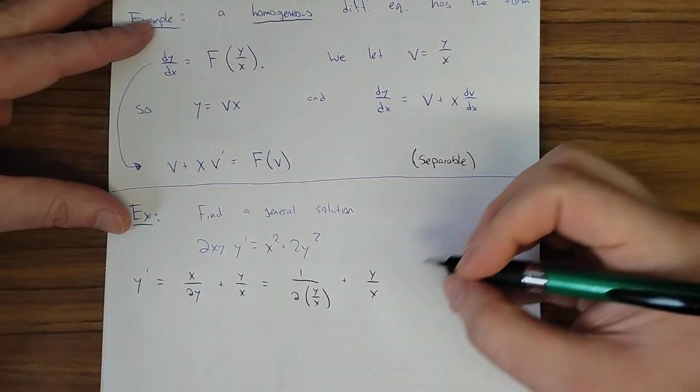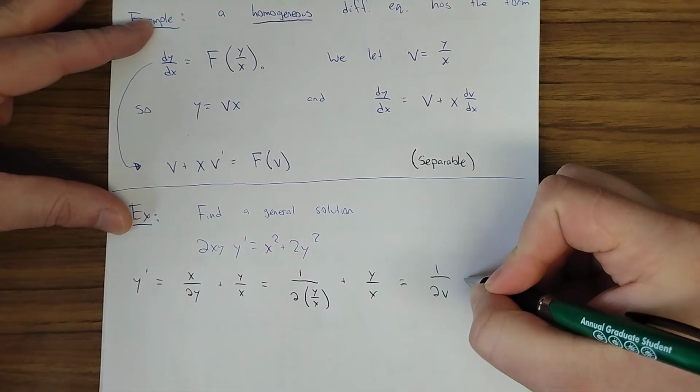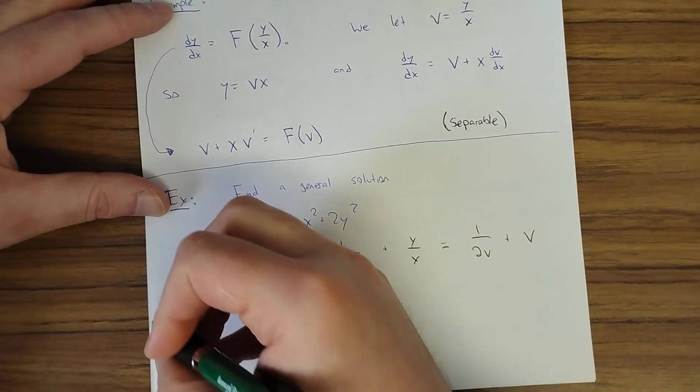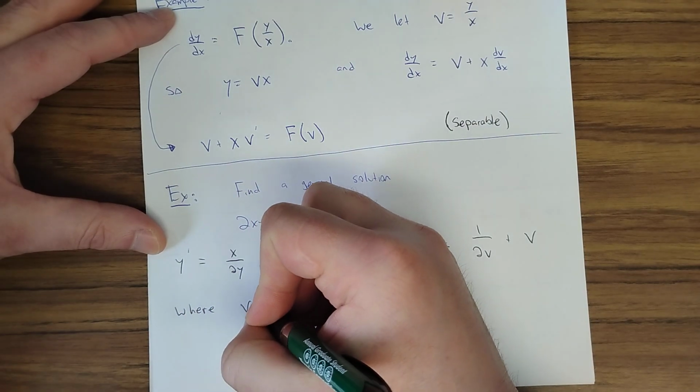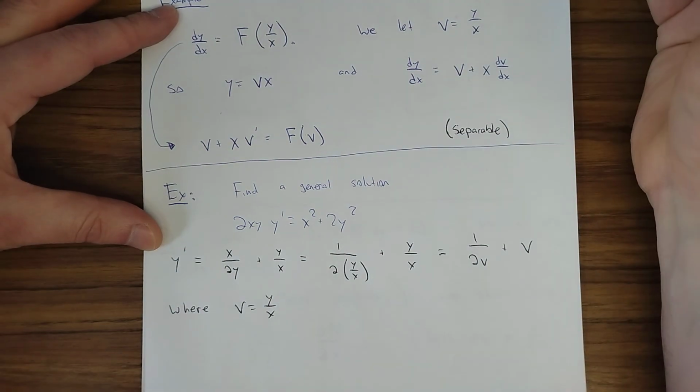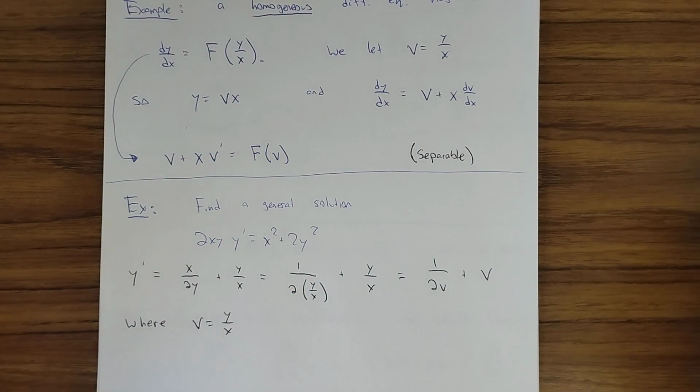So of course, getting a little bit ahead of myself, we're going to make that substitution. v is y over x, and so this is going to be 1 over 2v plus v. But like I said, I got a little bit ahead of myself.